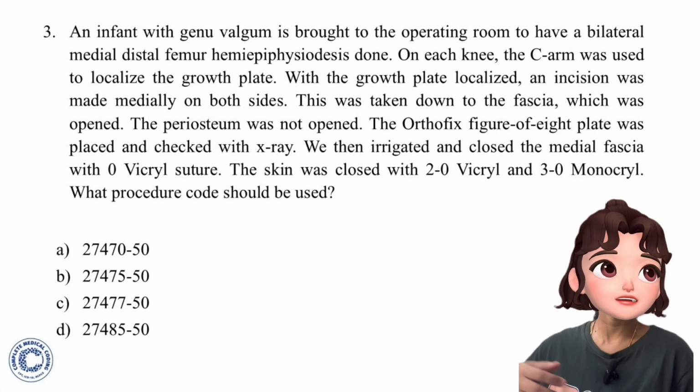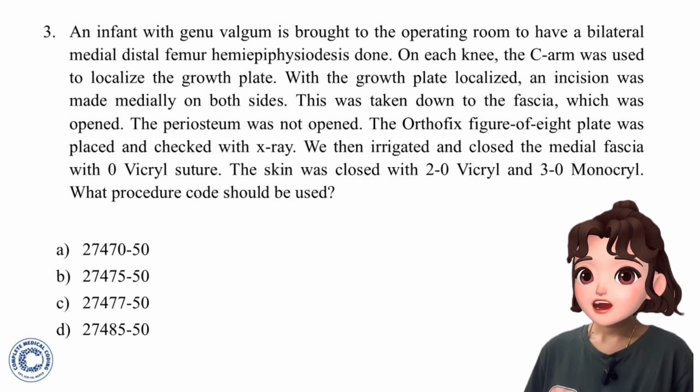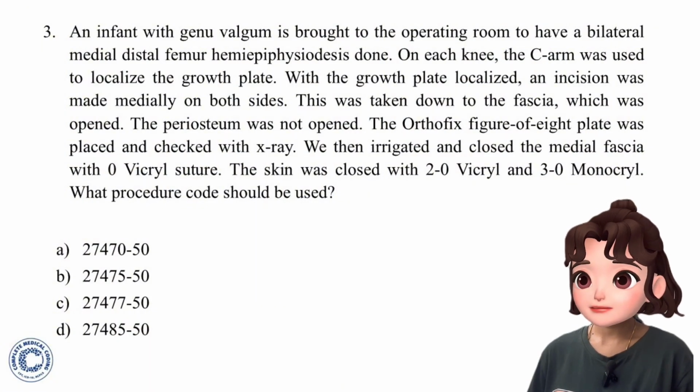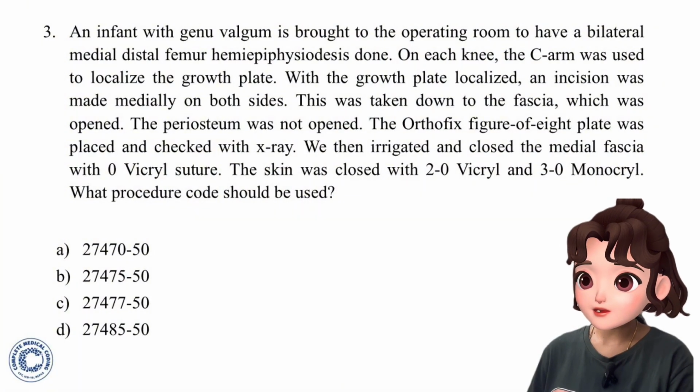Now moving to the third question. An infant with genu valgum is brought to the operating room to have a bilateral medial distal femur hemiepiphysiodesis done. On each knee, the C-arm was used to localize the growth plate. With the growth plate localized, an incision was made medially on both sides.